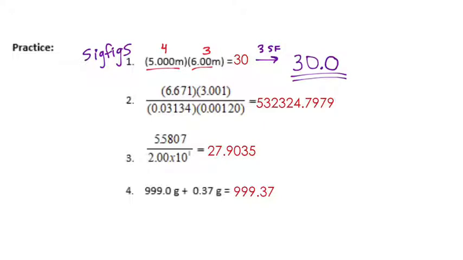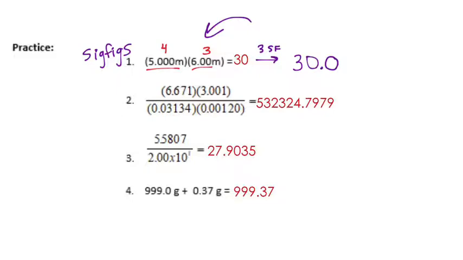So 30.0 is actually how I would expect you to write that final answer, to show the level of precision, the amount of care we put into these measurements. We took a lot of care to get all those SigFigs. We don't want them to disappear just because our calculator doesn't understand how much effort we put into getting those SigFigs.